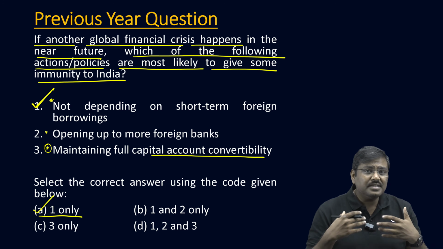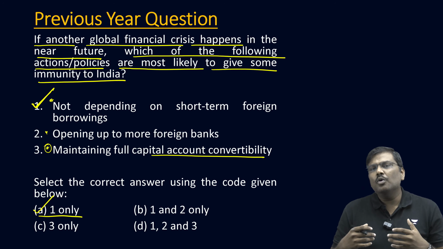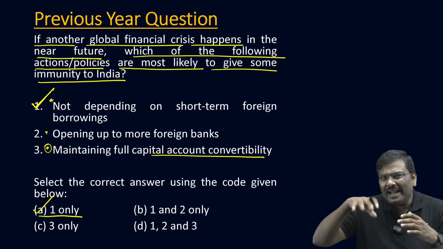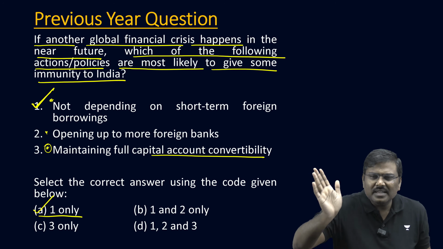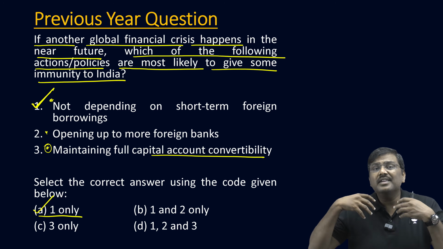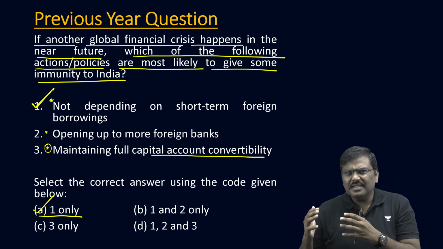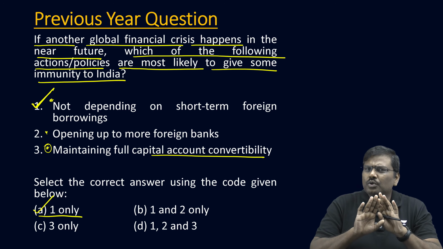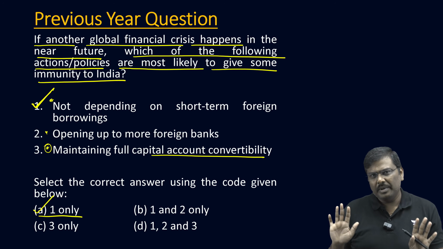Whenever there is a crisis in the global market, and if you have borrowed heavily from the global market, there could be volatility in the exchange rate. There could be sudden outflow of currencies from the domestic market to the international market. Whenever there is a huge volatility like this, it is not going to be in the interest of the Indian economy.